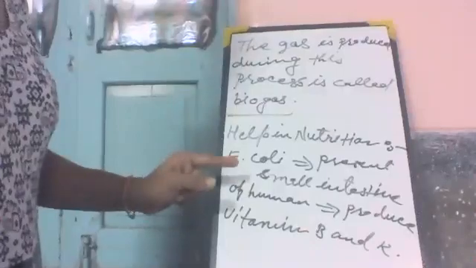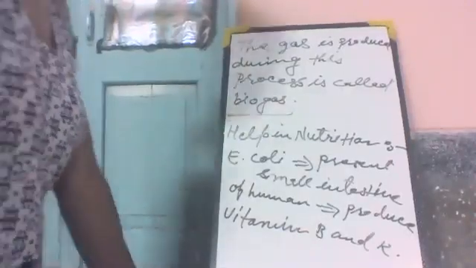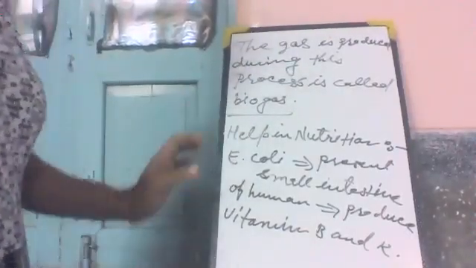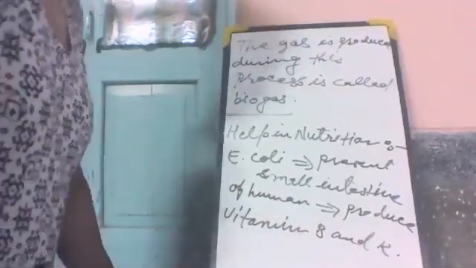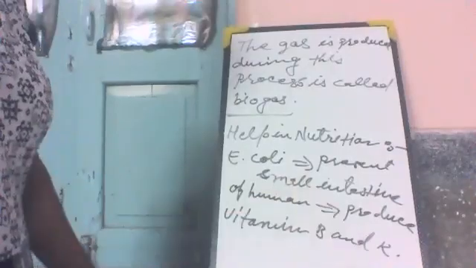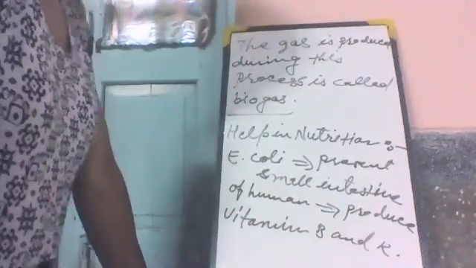See, help in nutrition. E. coli present in the human intestine produce vitamin B and K. These vitamins are beneficial for humans.